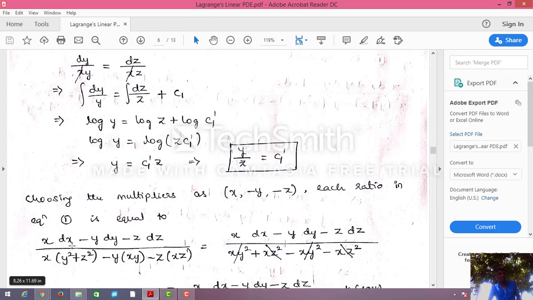Now the first term is x into dx minus y into dy minus z into dz. I have chosen multipliers as x, minus y, minus z.